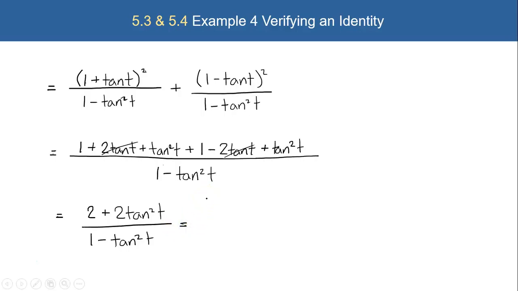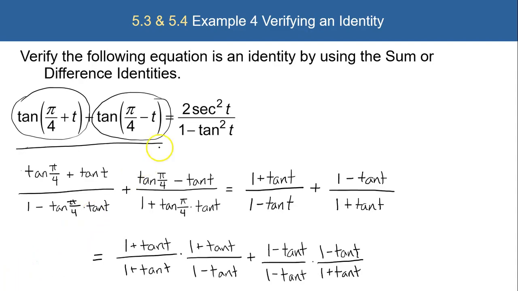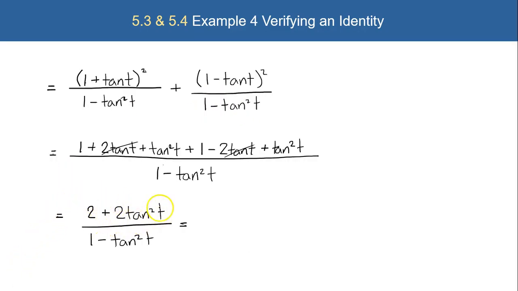Now, what we're trying to simplify this to is 2 secant squared t. Well, we do have a common factor here, which is 2. Let's factor it out. And when we do that, on the inside of our parentheses, we get 1 plus tangent squared t.